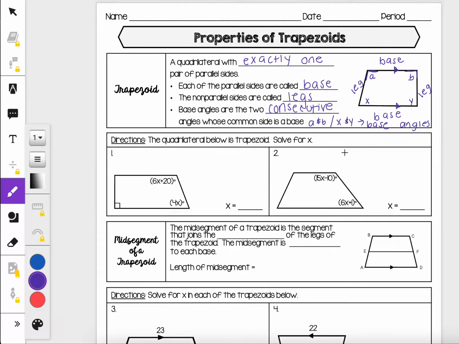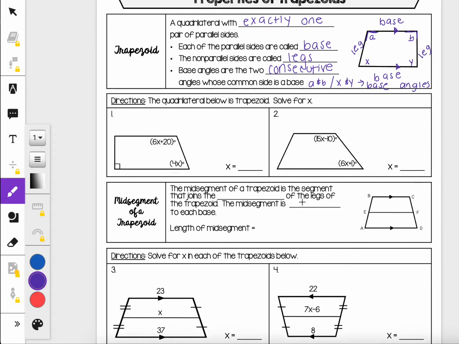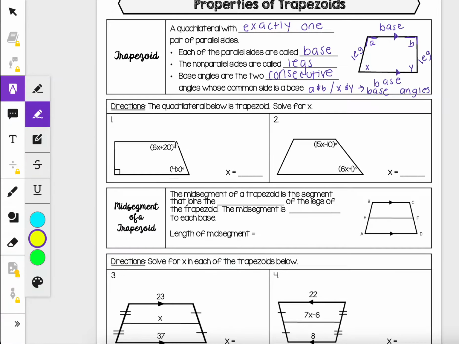Okay, so if we look at numbers 1 and 2, it says the quadrilateral below is a trapezoid and we want to solve for X. Now, it's giving us information about these two angles here. So I know this angle is 6x plus 20 and this angle is 4x.